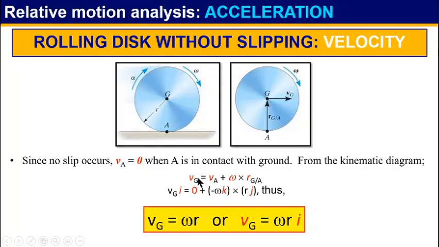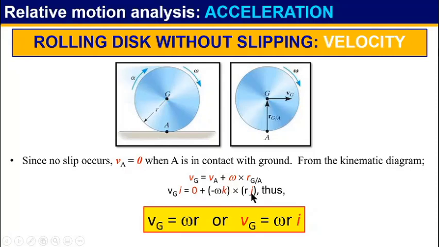Now, by substituting and separating all the IJK components, we will get VG i equal to VA equal to 0 plus negative omega k times RJ. Okay? Omega moves clockwise, so it is negative, times RJ.